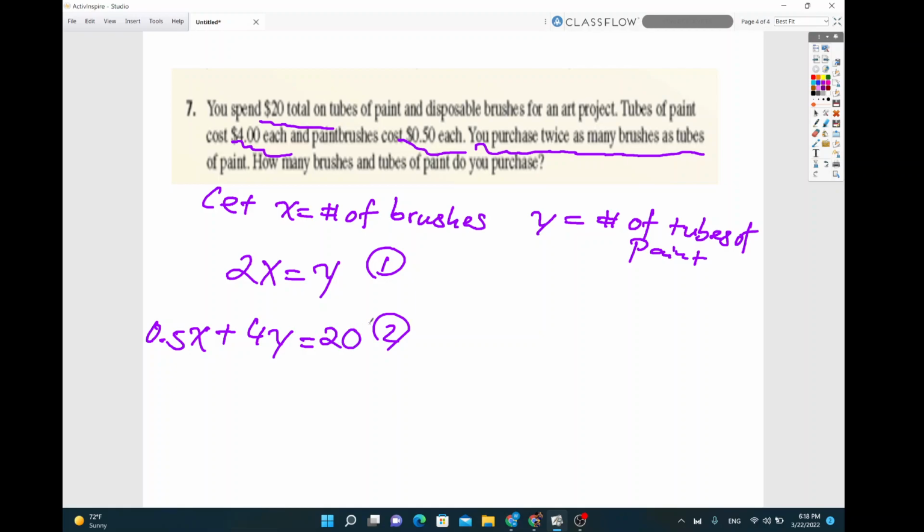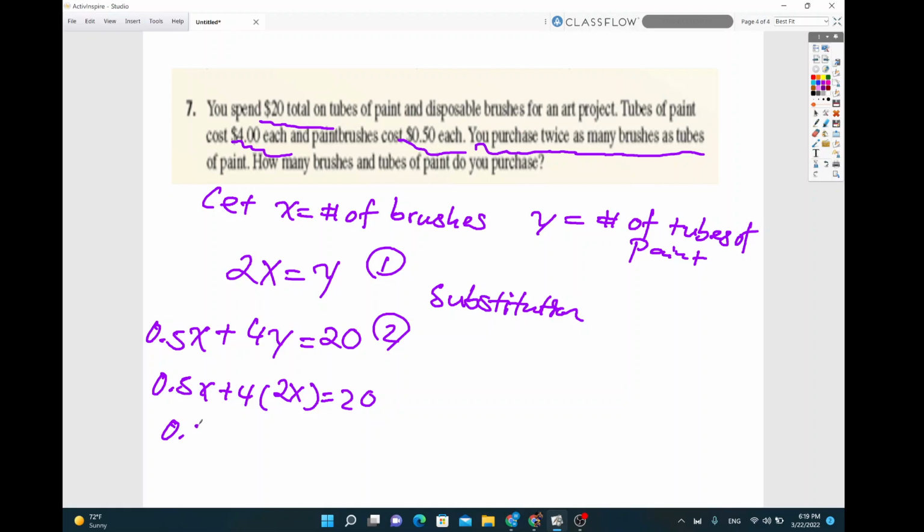So you might be wondering what kind of method we can apply for this. Well, definitely you want to apply substitution. The reason is because y has been isolated already. So you want to apply that y in terms of x. So using substitution. So what we found here, 2x, so that's y, so 0.5x plus 4 times, instead of using y here, we replace y by 2x.